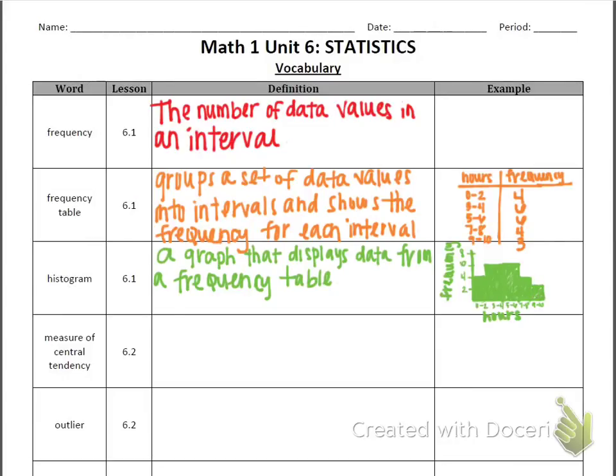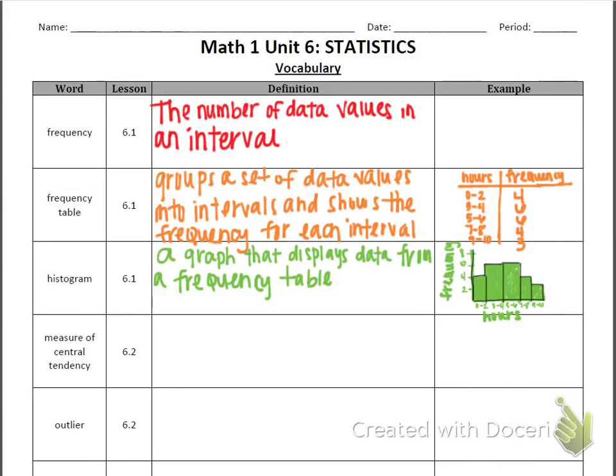And usually when you are making these, you can see, oh, that's too thick. So usually when you're making these, you will see the breaks. So it will look something like that. Okay, that's a histogram.